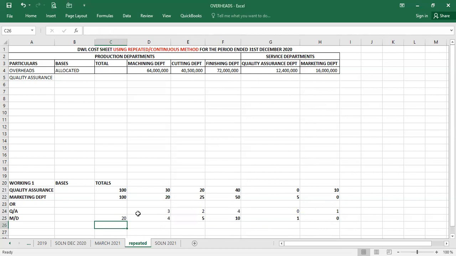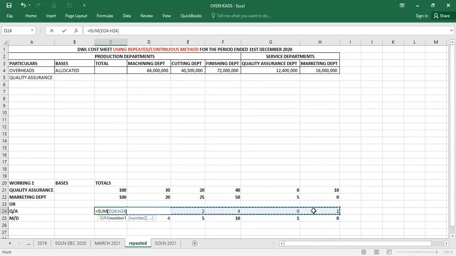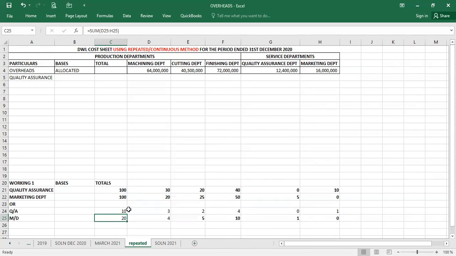It will give us a 20, and even this one we can sum up, using sum from here to there. So we start distributing. This is 10, this is 20. We are distributing, we go with the figures.